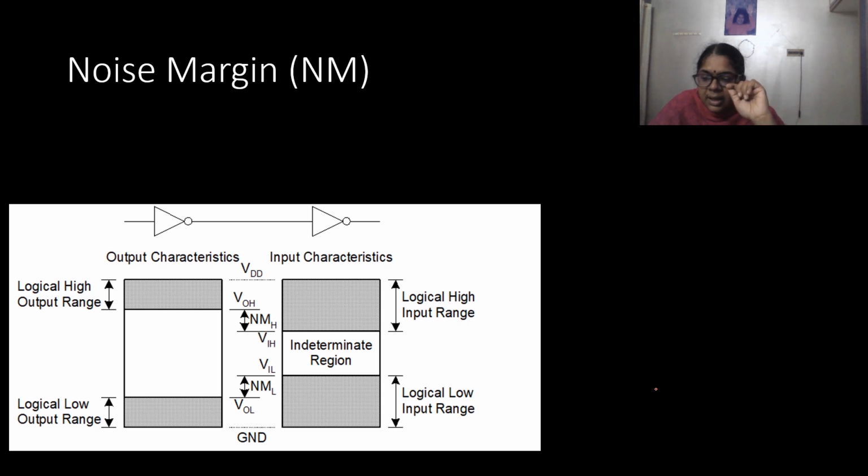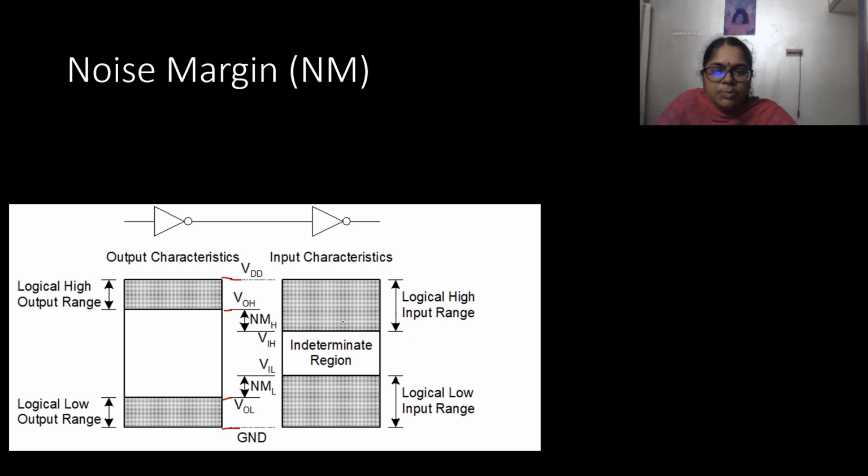Noise margin. From this particular input and output we have marked here. The output ranges from 0 to VDD, and we have VOH and VOL. So 0 to VOL is considered as logic 0, VOH to VDD is considered as logic 1 or logic high output range.